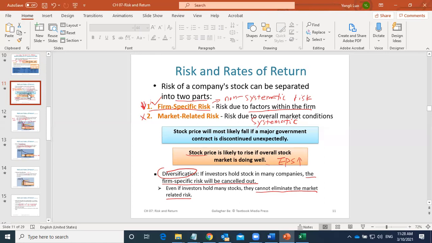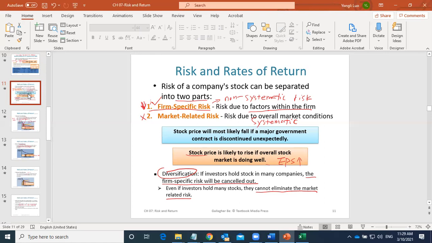You can see on Monday, because the stimulus check package was approved, the stock market crashed, all the IT stocks, they drop a lot. So that's the market risk.